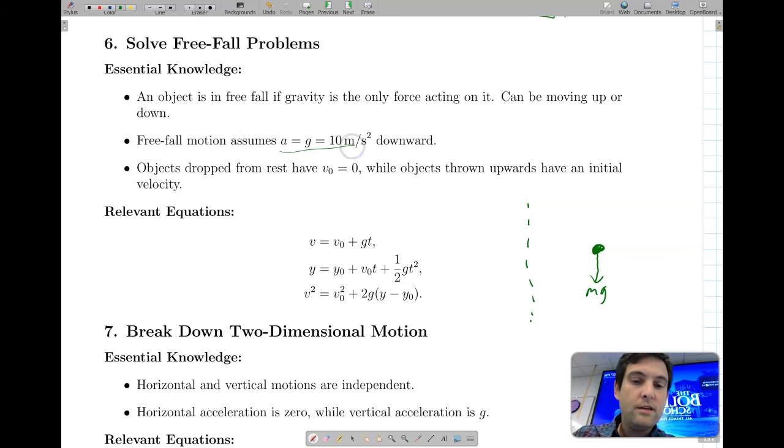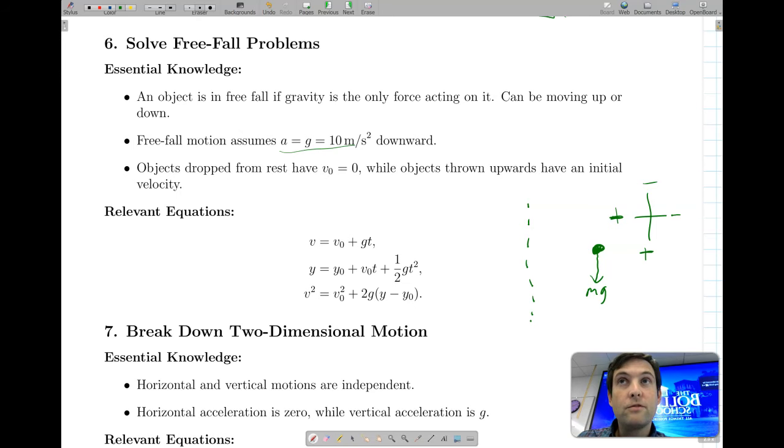We're assuming g equals 10 meters per second squared downwards. Be sure to let the grader know if you are doing something weird, like taking down to be positive or left to be positive. You can just draw a little coordinate system like that to indicate.